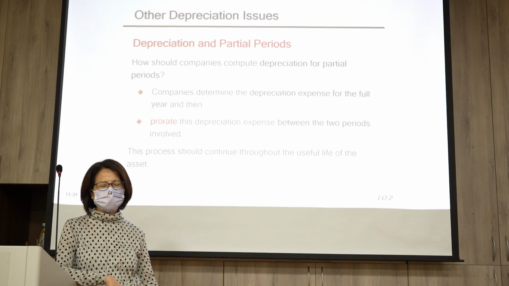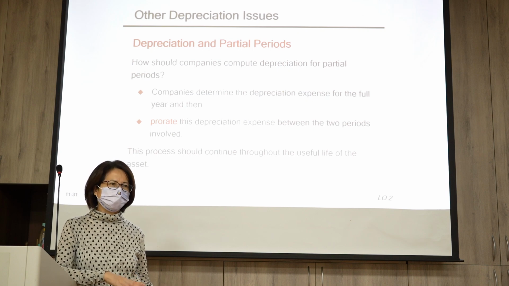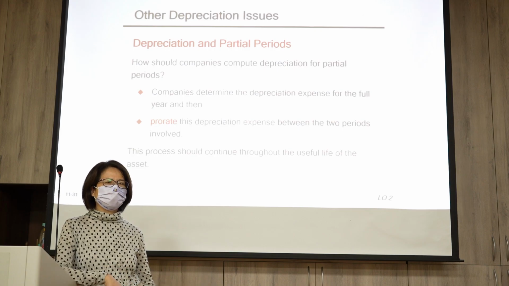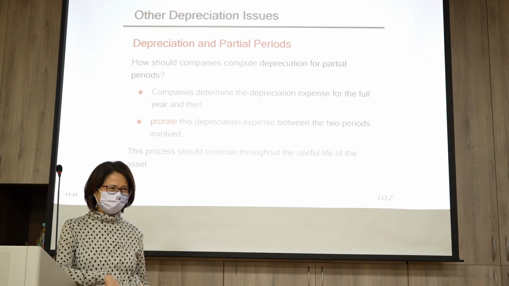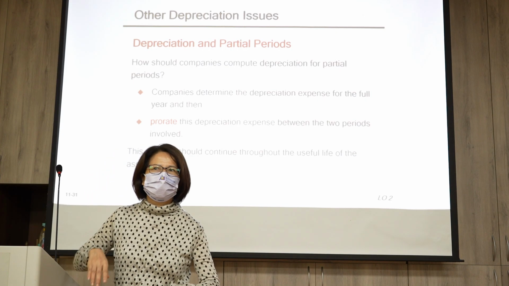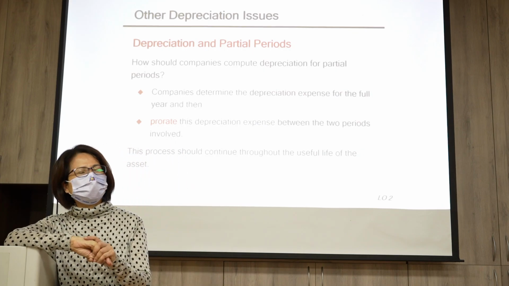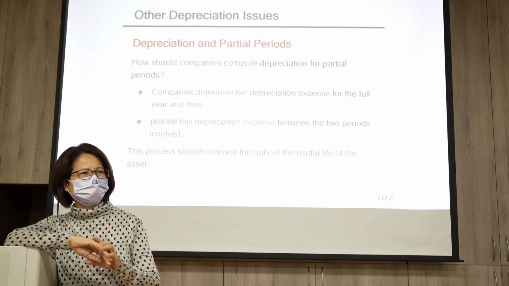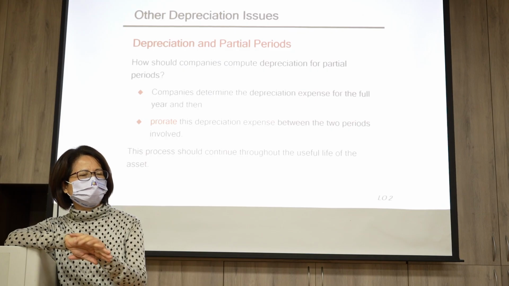Because we have the management system, the system can do that for us. But if you do it on your own, that will be very time consuming because you have so many PPEs, right? In that case, would you do it every 6 months? No, not really. Because you purchase on July 1st, for the first year you only do 6 months.